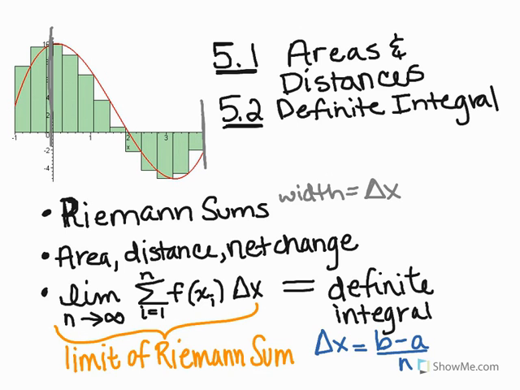The way we find delta x is b minus a over n. So we should move this line back here and say 4 minus 0, or 4 minus negative 1/2, or negative 1/8-ish, over n, which is 10.